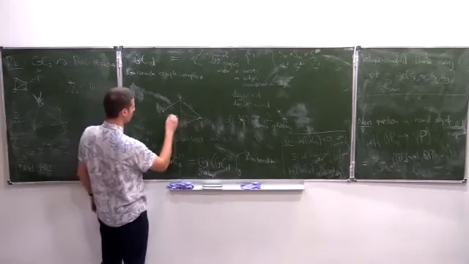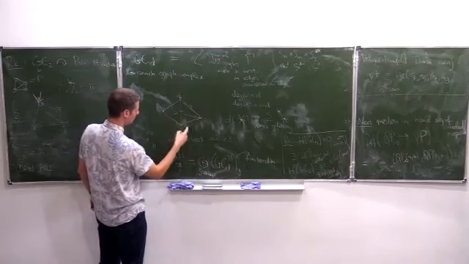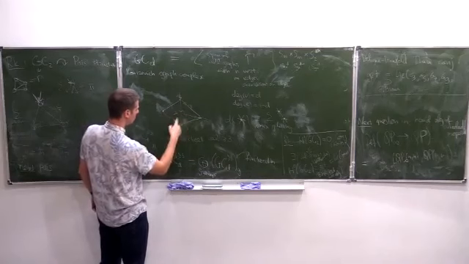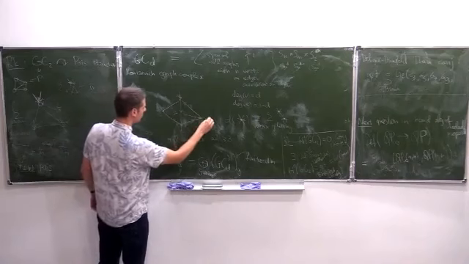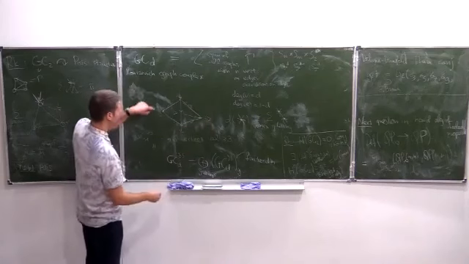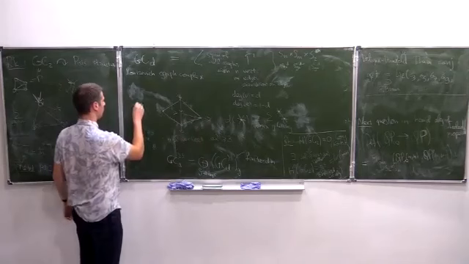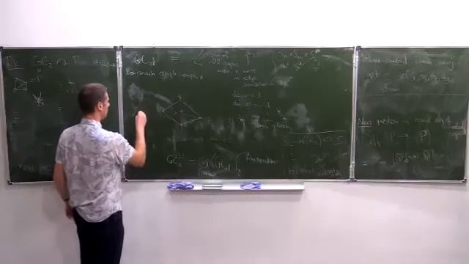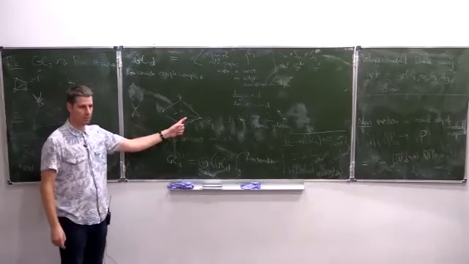Let me do it in this picture, like this. Here, 2 inputs, 2 outputs, 2 inputs, 2 outputs, right? So if you start from this, then you get a new thing like this.